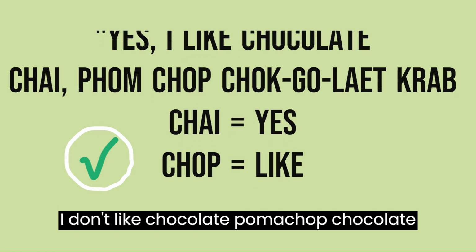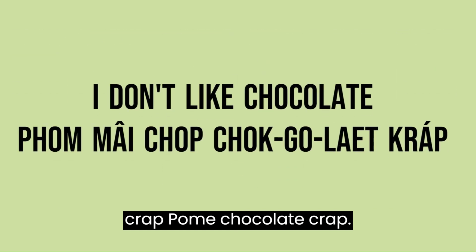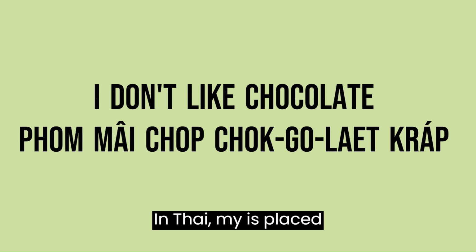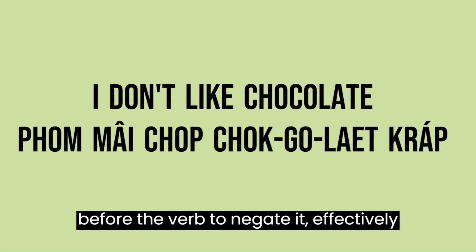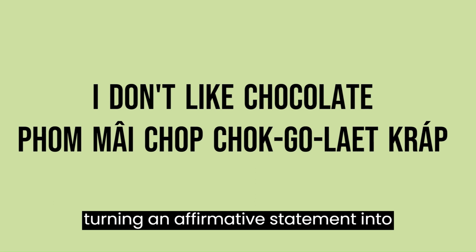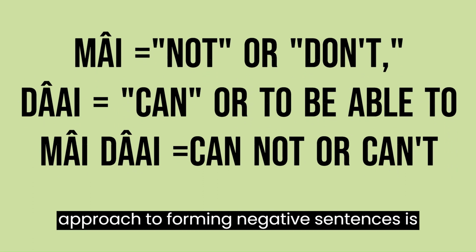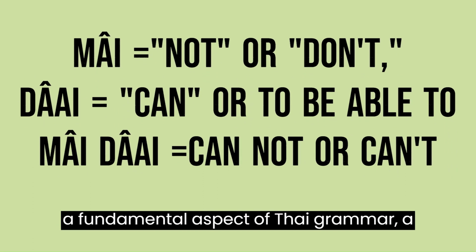I don't like chocolate. ผมไม่ชอบช็อกโกแลตครับ. In Thai, ไม่ is placed before the verb to negate it, effectively turning an affirmative statement into a negative one. This compact and direct approach to forming negative sentences is a fundamental aspect of Thai grammar.